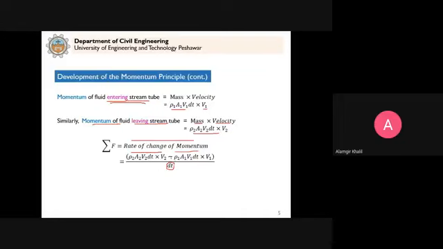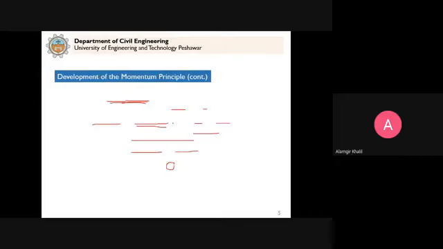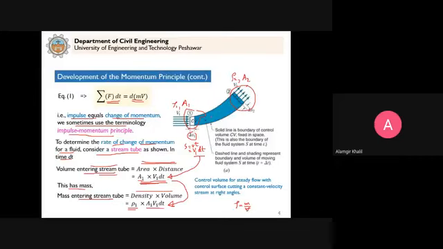Now in this case, what we have considered is the momentum of fluid entering the stream tube and the momentum of fluid leaving the stream tube. But we did not consider the momentum of the fluid contained within this control volume.